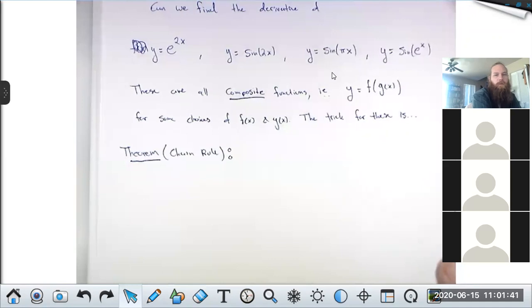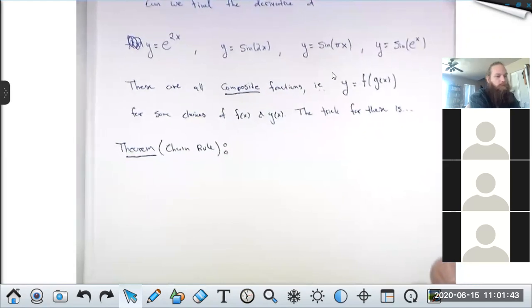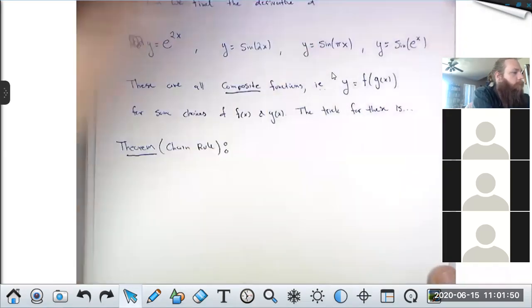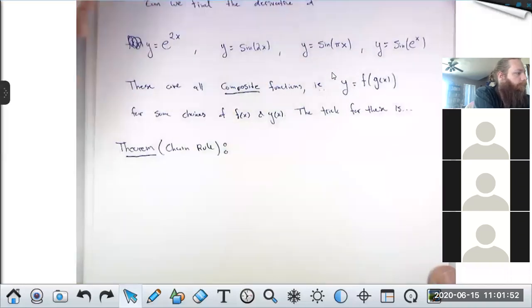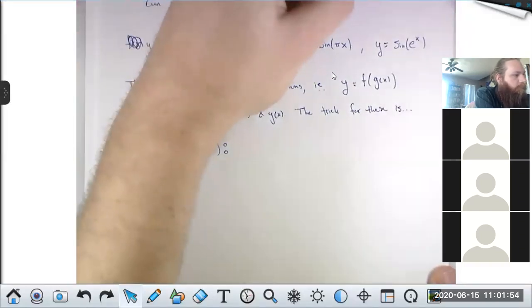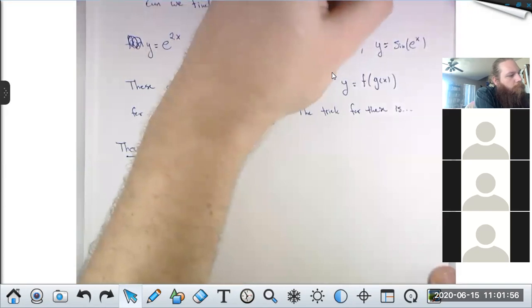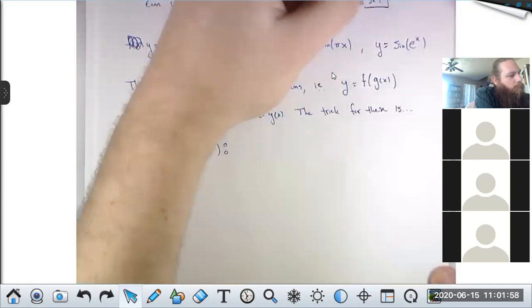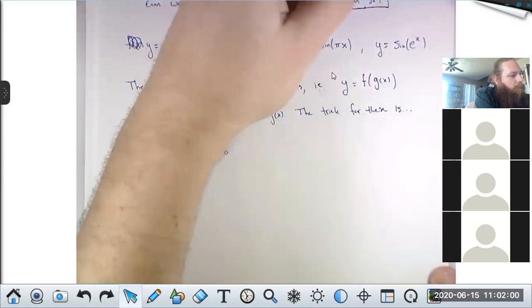So what I'm going to do is give you the chain rule here. I'm going to show it to you. Just to be clear, this is not on the exam. This is the start of new material. This is section 3.4, which is not on exam 1.